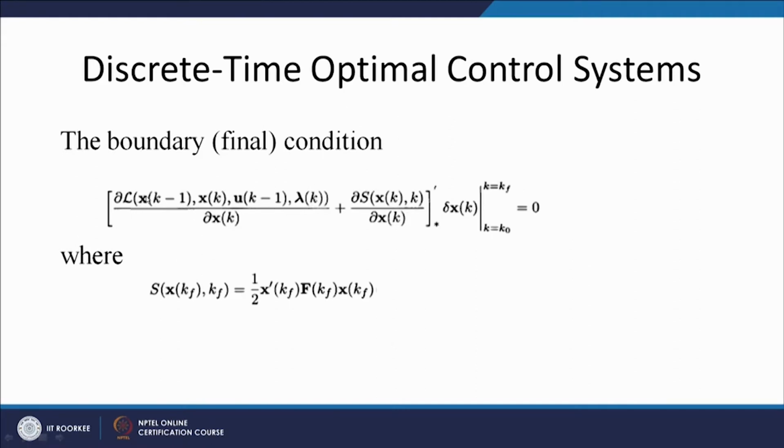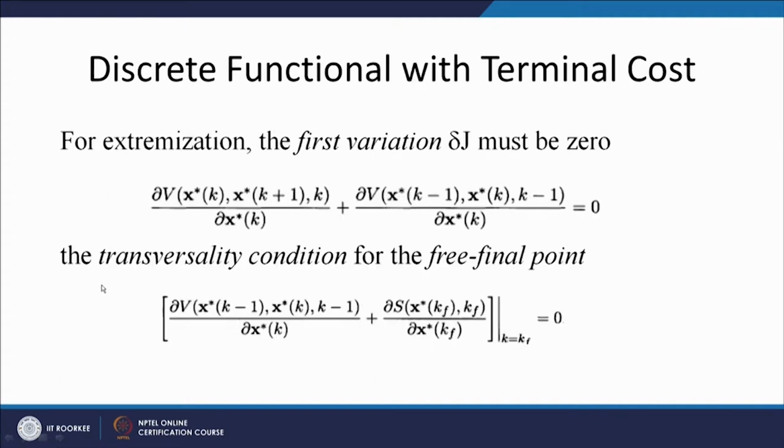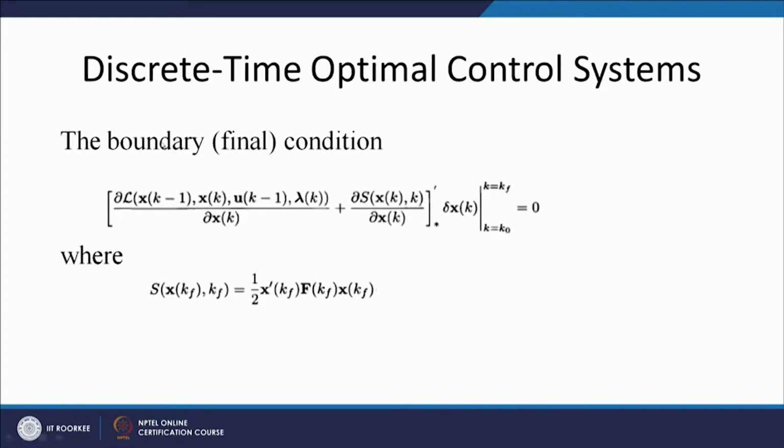So, del L is a function of this, because we have considered my final condition as del V, x star k plus 1, x star k at the k minus 1 point. So, naturally once I write my final boundary condition, that will be del L, x of k plus 1, u of k plus 1 as the lambda k plus 1.